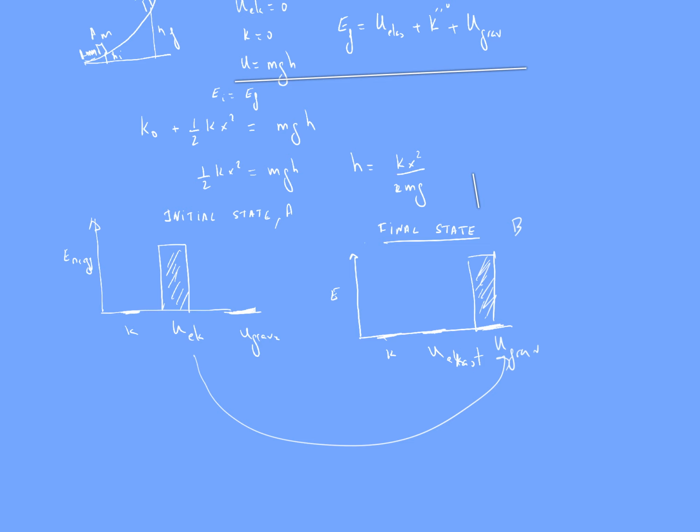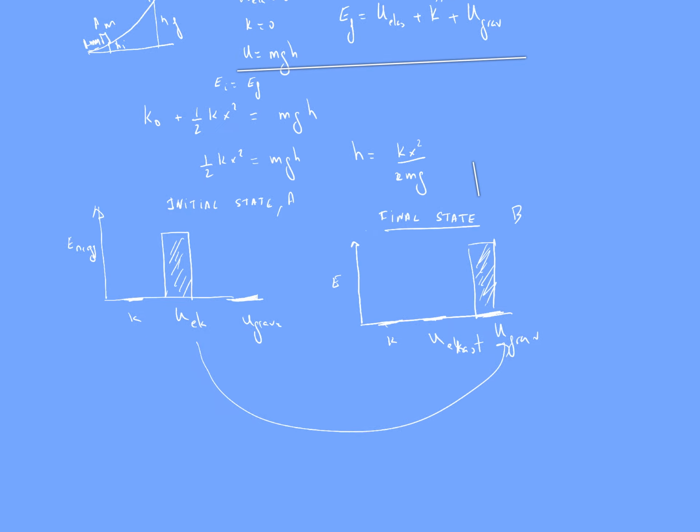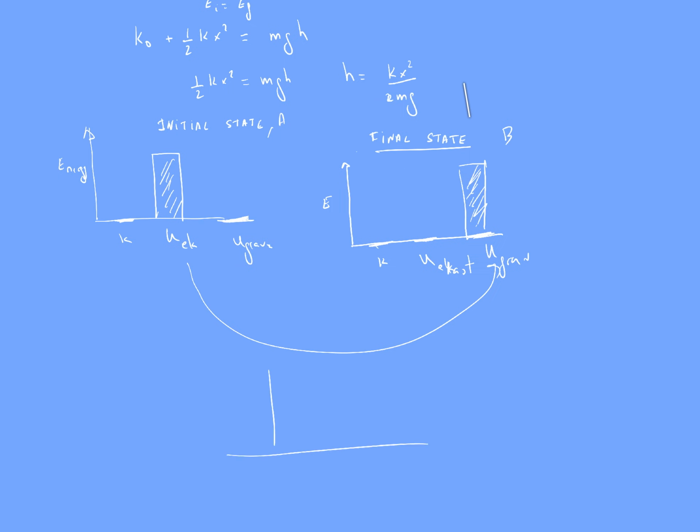And in the middle of the path between A and B, the kinetic energy has increased a little bit, the elastic potential energy maybe has decreased a little bit, and the gravitational potential energy maybe has increased a little bit, but the sum of all these terms will be this one, because the mechanical energy is conserved.